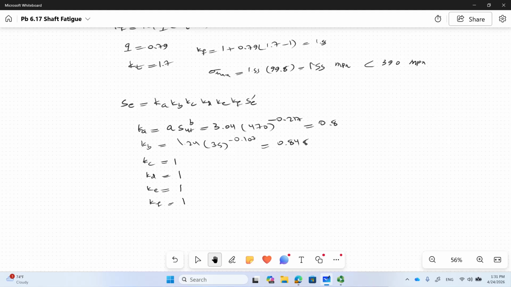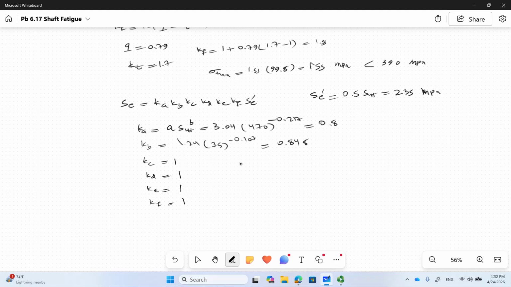Alright, so then you have everything. Oh, Se prime, by the way. Se prime was the first estimate for the endurance limit. We started with 50% of SUT. So for us, SUT was 470, half of that will be 235 megapascal.